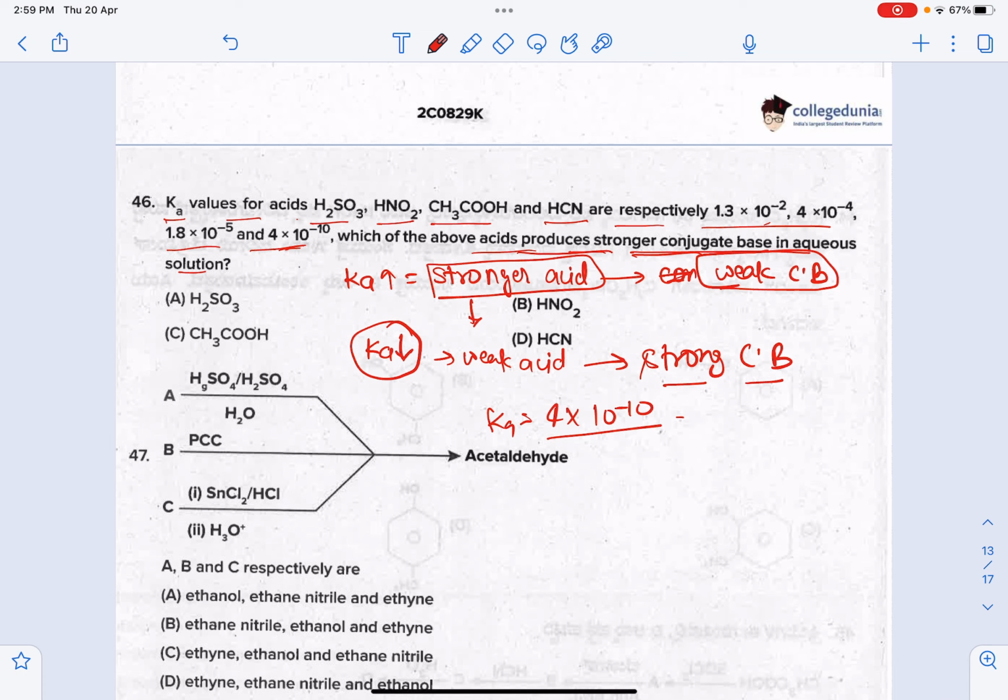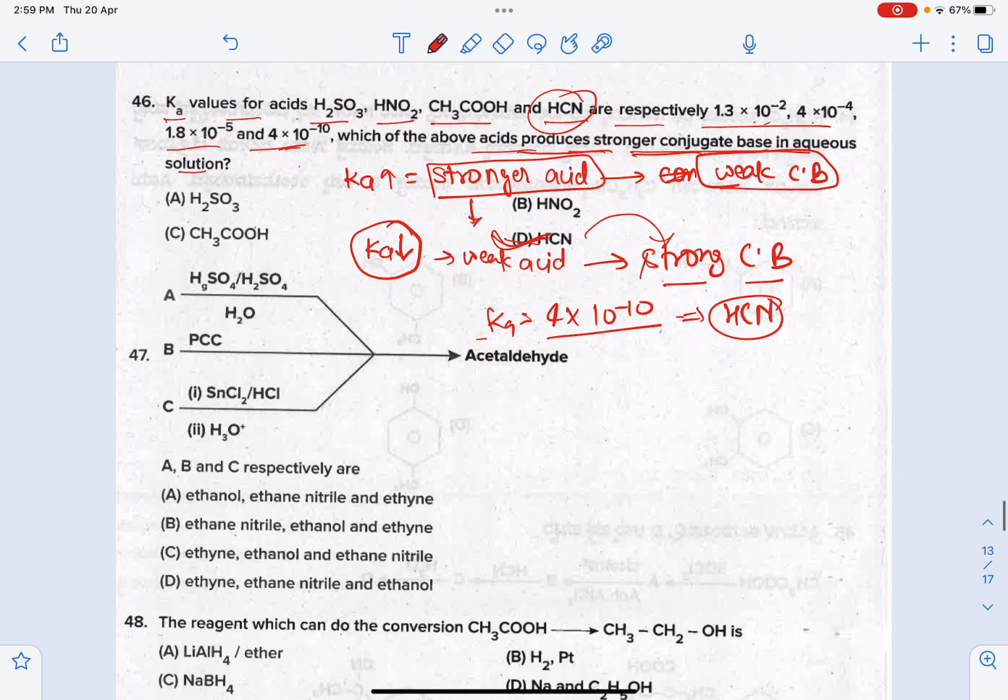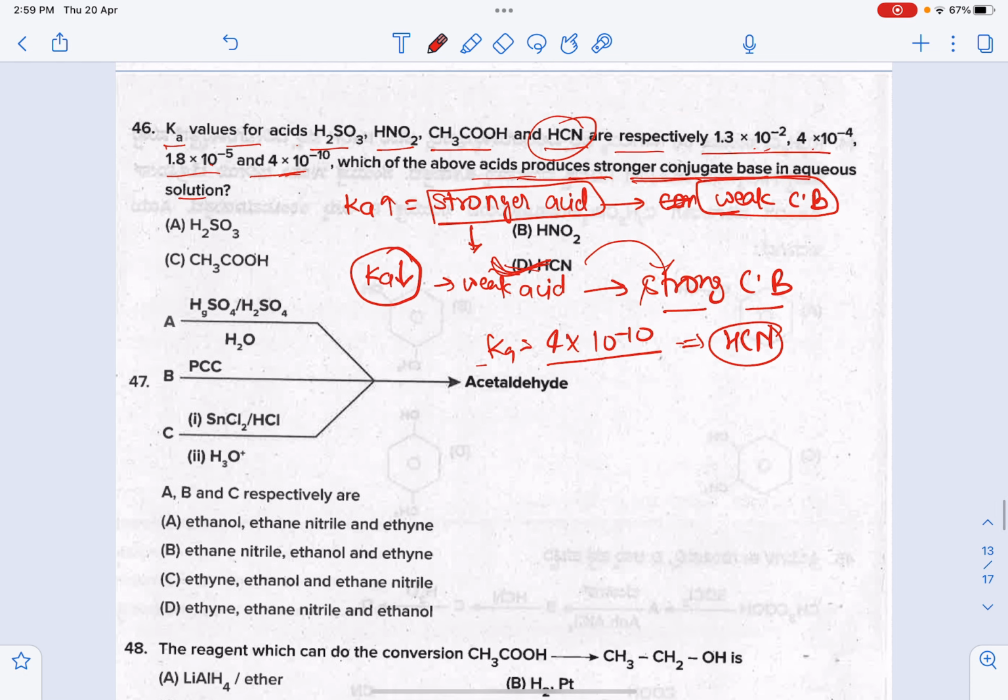This value is for SCN. So SCN will be the weak acid which produces a strong conjugate base. So our correct option will be D.